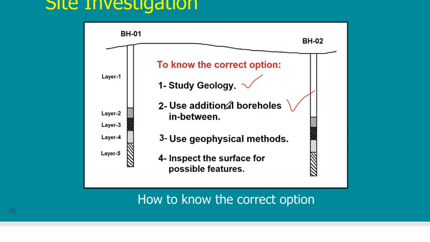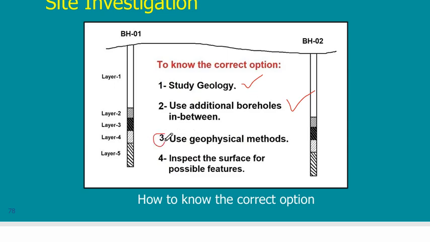This is also very, very important, that you know what is the adequate number of boreholes and the depth based on our Egyptian code. I think it will be given in the next lecture, but if it is not given, then you have to study it, because it tells you what is the minimum that you can do in any site investigation.